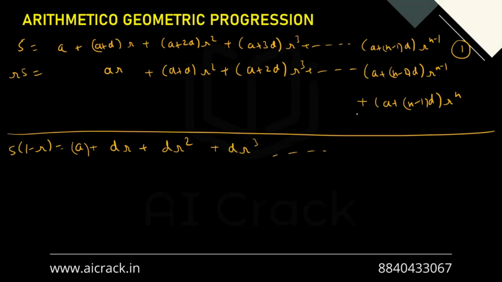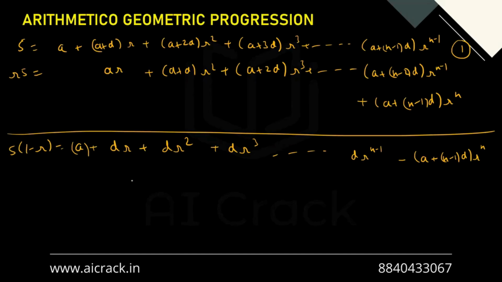And similarly, for this (n-1)th term, we'll be getting dr^(n-1). And last term would be this one, that is (a + (n-1)d) multiplied by r^n, right? This would stay as it is because we don't have a corresponding pair over here. We have corresponding pairs for these many terms, that is n-1 terms. We don't have a corresponding pair for this one and we don't have a corresponding pair for this one. So these two terms would stay as it is.